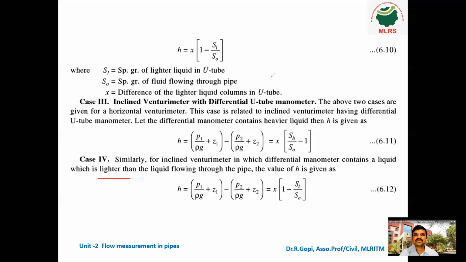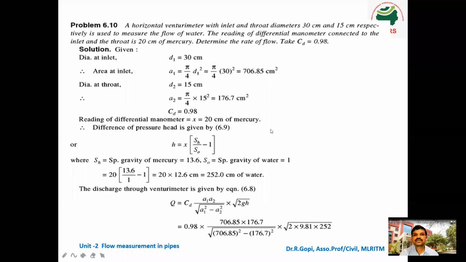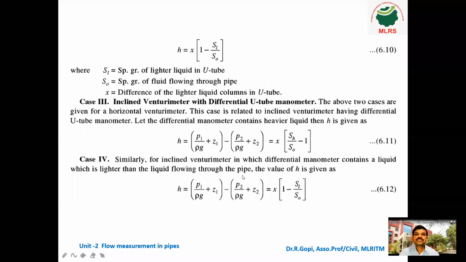You can see it is the same formula. These two formulas are applicable for the inclined venturimeter, while the previous formulas are applicable for the horizontal venturimeter. This is the derivation.